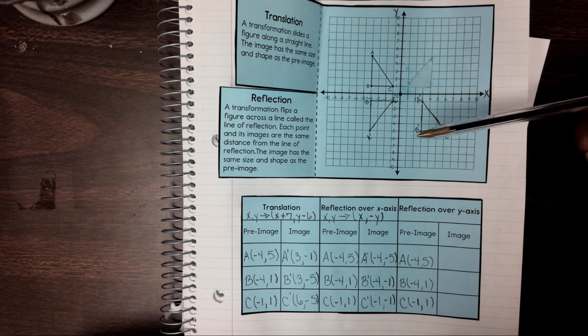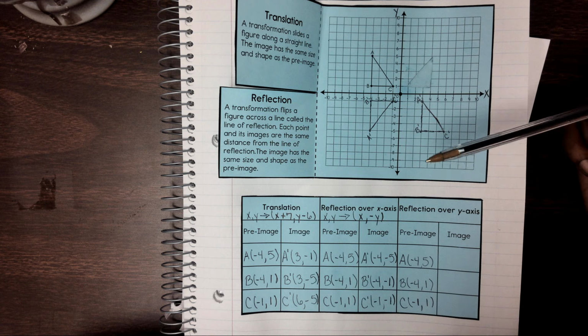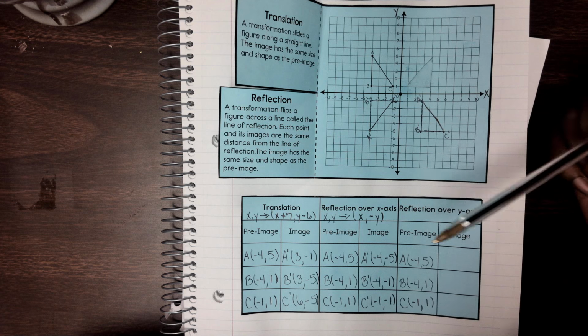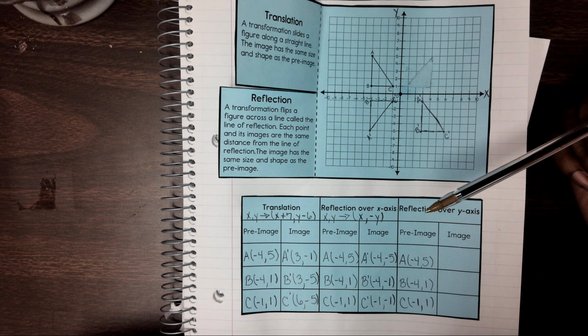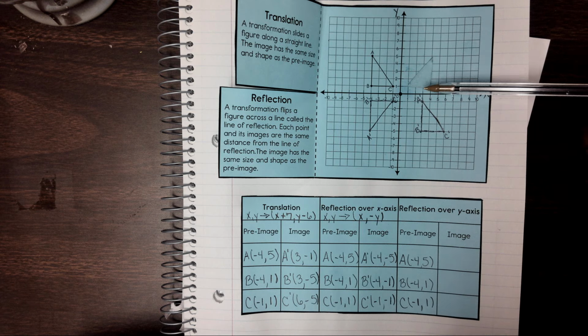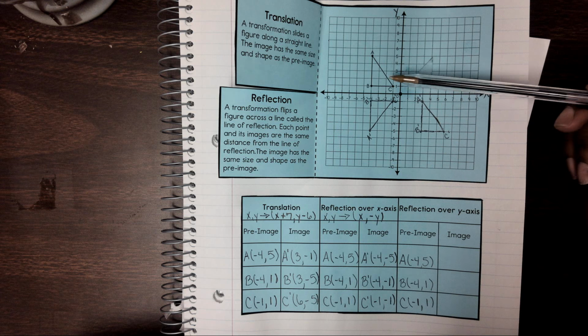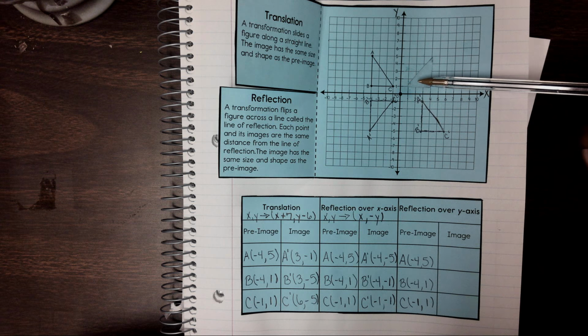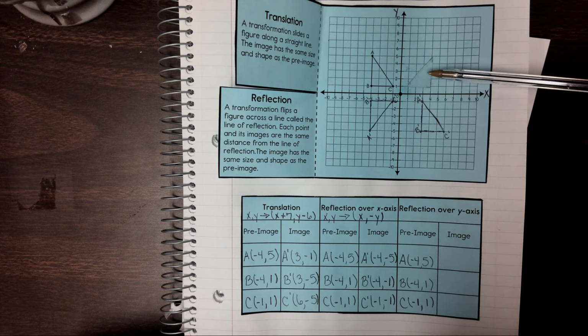So again, that's a question to ask yourself, just to ponder for a moment. Now, I will tell you, the figure did not change in size. It is the same shape, same size. It's still a triangle. Okay? So the congruency was preserved.